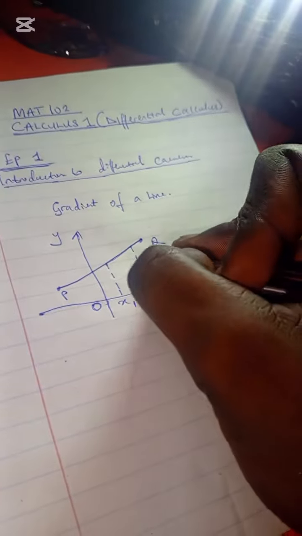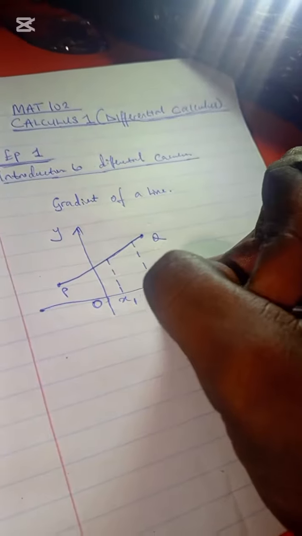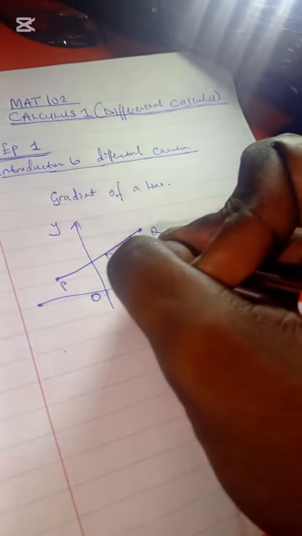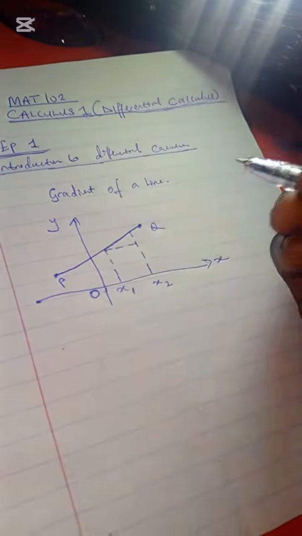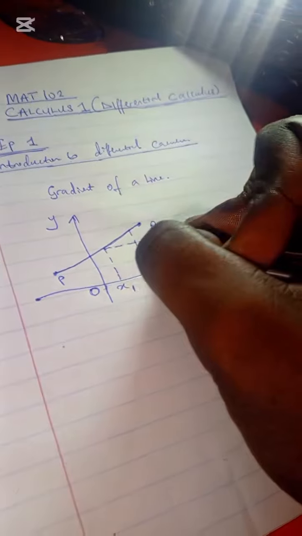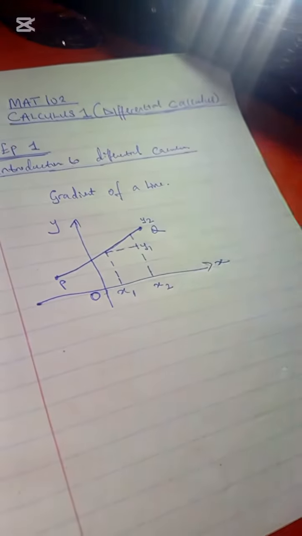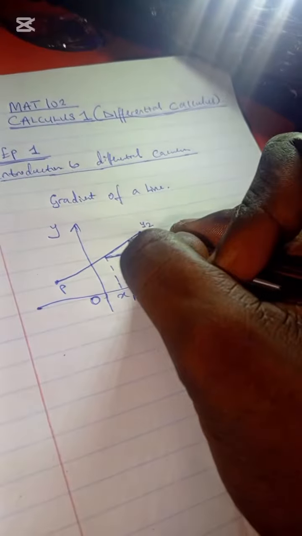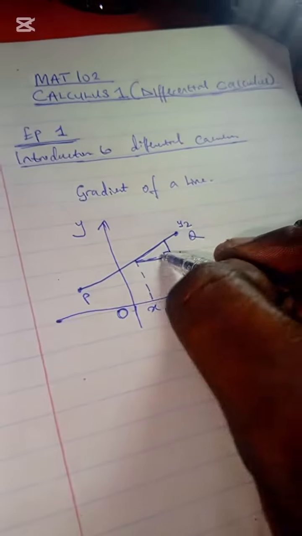Tracing these points also, I'll call this my x2. Then I can trace this across, so I can also call this my y1 and this my y2. You can see I formed something here, which is a right angle triangle.